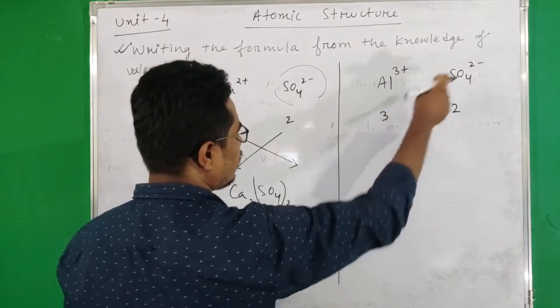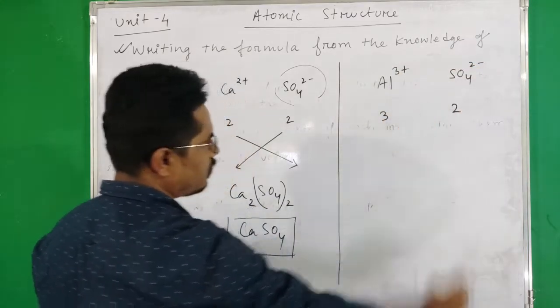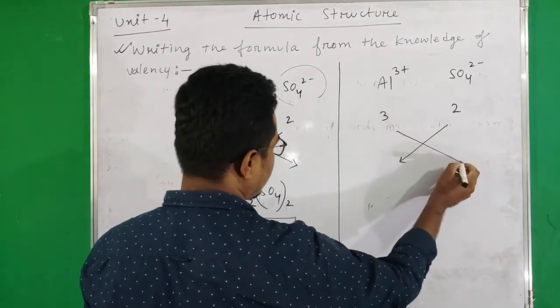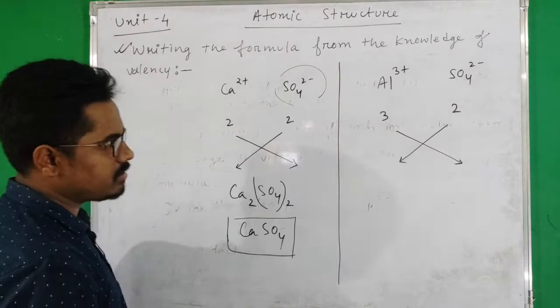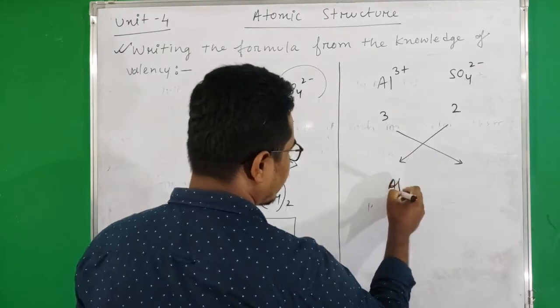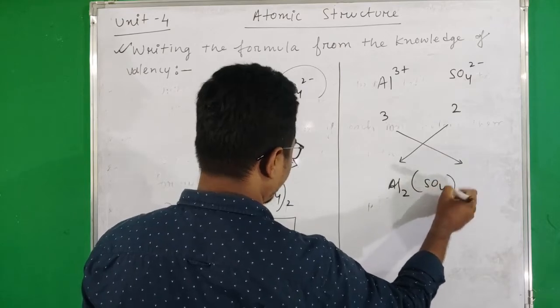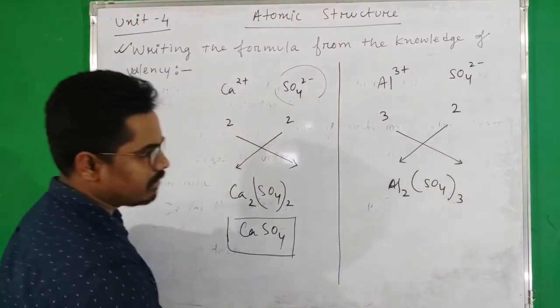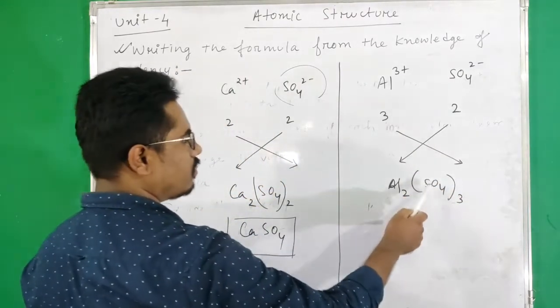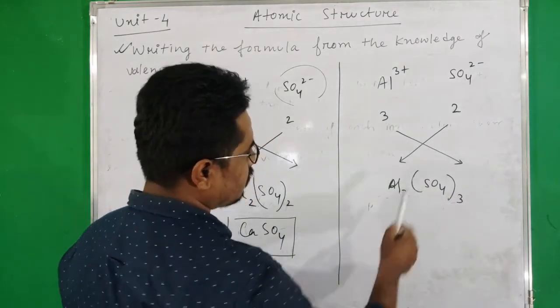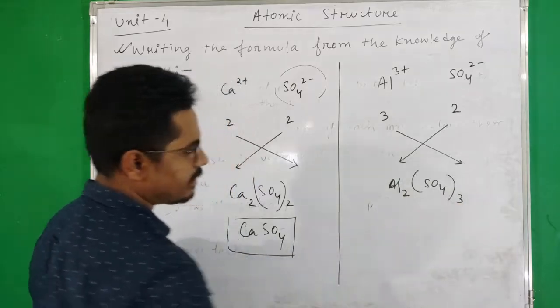The valency number 3, valency number 2. Now you have to exchange their valencies. Aluminium will get 2 and SO4 will get 3. So this 3 will multiply with whole the group, that means sulfur and oxygen. So therefore you have to put bracket.